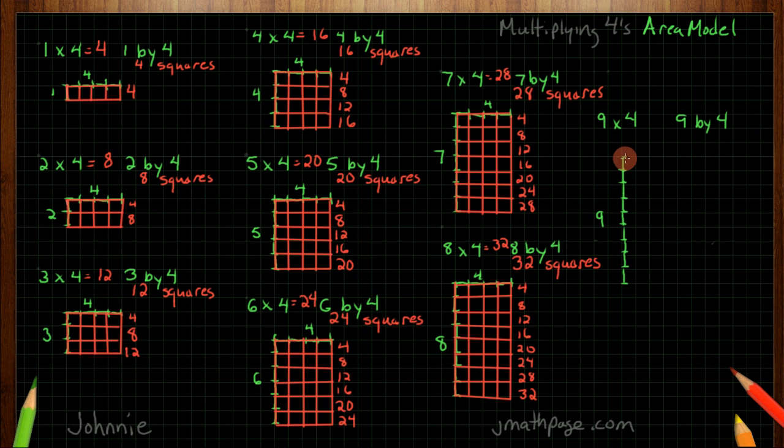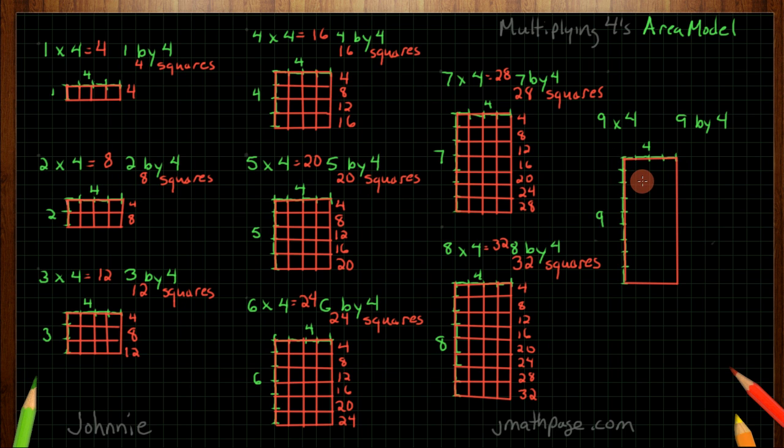Okay, on this side, 1, 2, 3, 4. So 9 by 4. Let's build a rectangle to find the number of squares inside. Okay, so on this side of the rectangle, we have a measure of 9, a measure of 4 on this side, the base of the rectangle. On this side of the rectangle, another measure of 9, and across the top, a measure of 4.